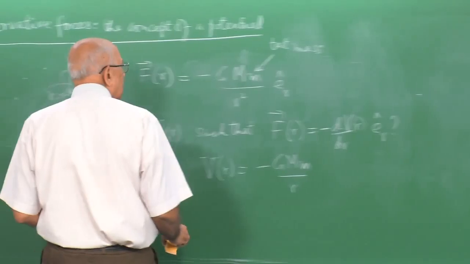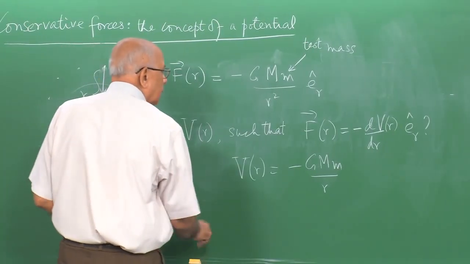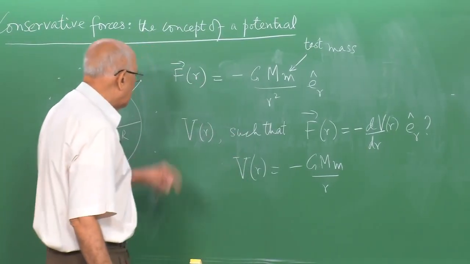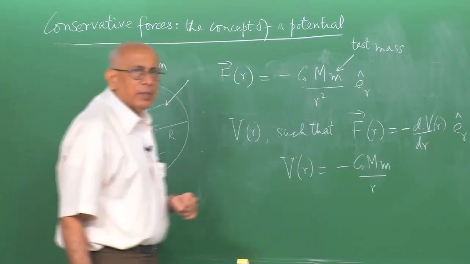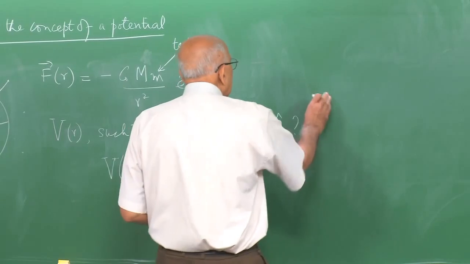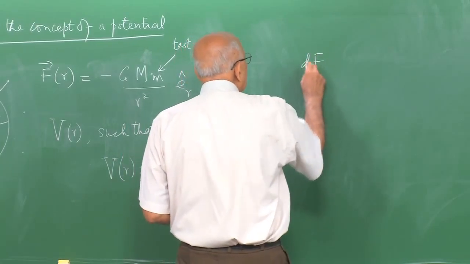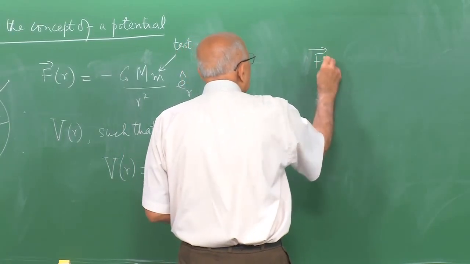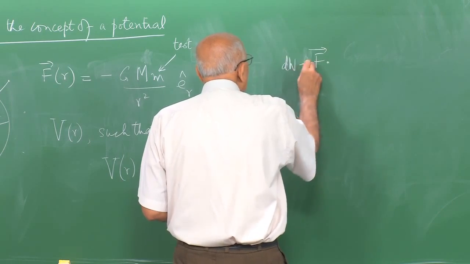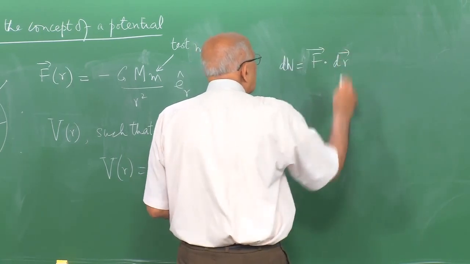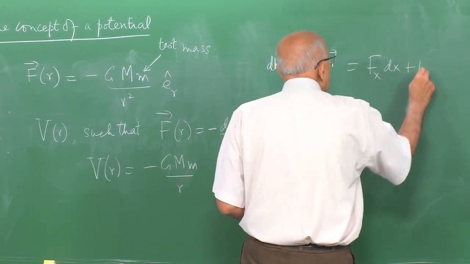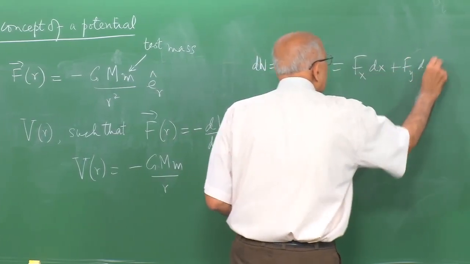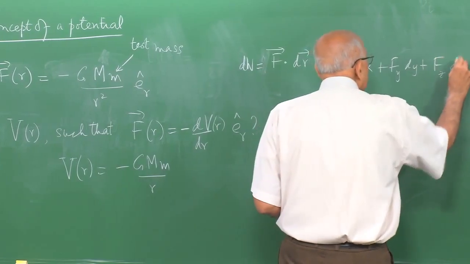How is it that I was able to do this calculation in terms of r without bringing in the other coordinates? After all, we started with the statement that the work done dW was equal to F dot dr, and if I write this in Cartesians, it's Fx dx plus Fy dy plus Fz dz.